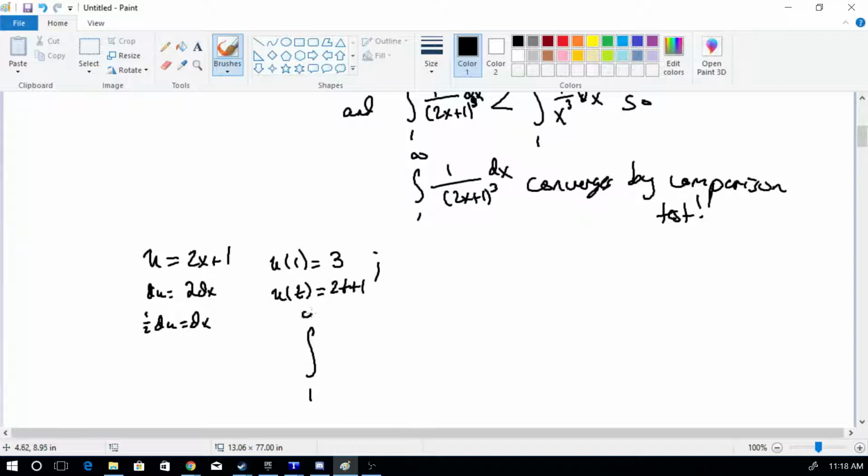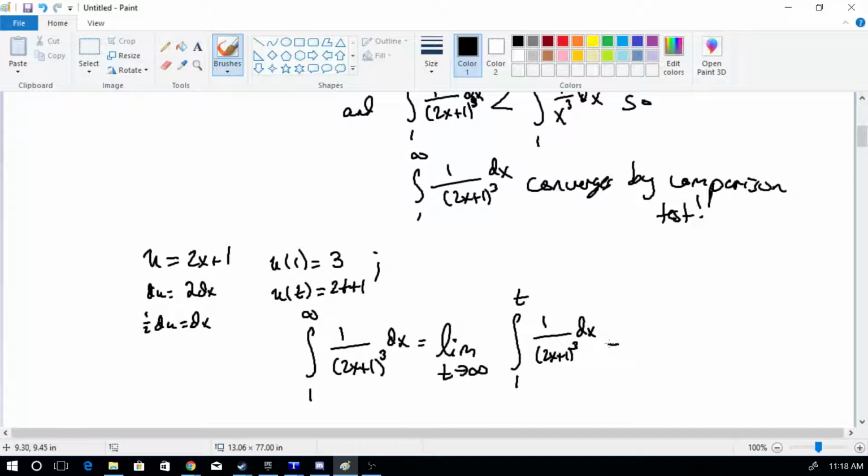So the integral from 1 to infinity of 1 over (2x plus 1) cubed dx is going to equal the limit as t approaches infinity of the integral from 1 to t of 1 over (2x plus 1) cubed dx, which is now going to equal the limit as t approaches infinity of the integral from 3 to 2t plus 1 of 1/2 times 1 over u cubed du.